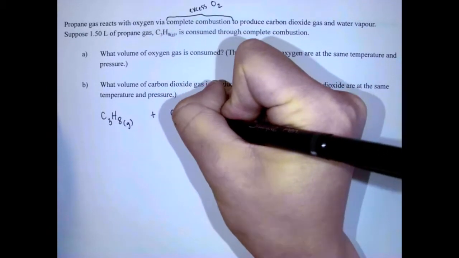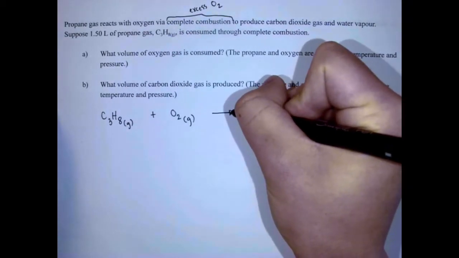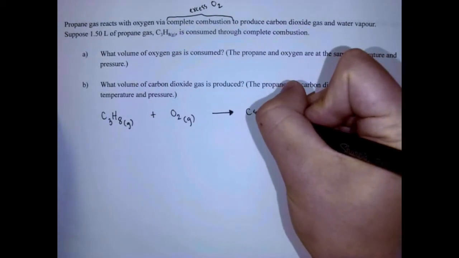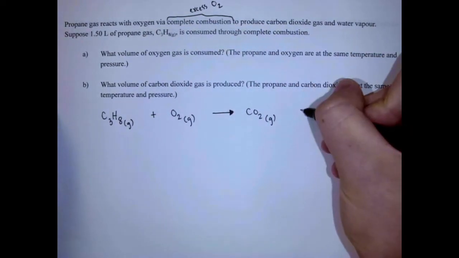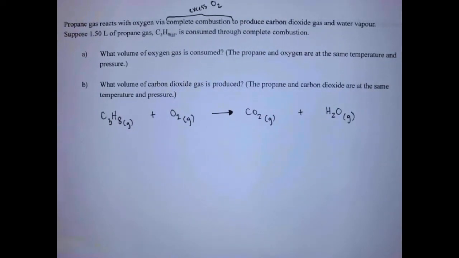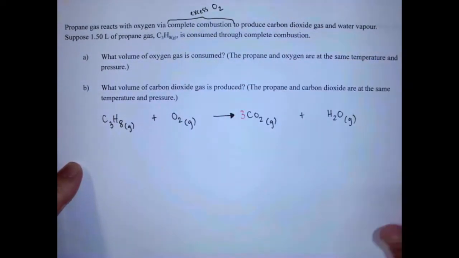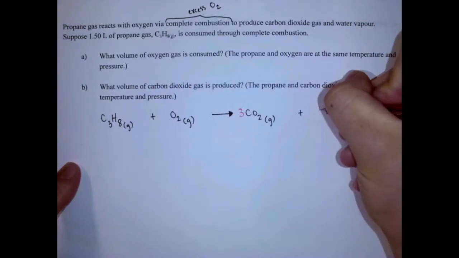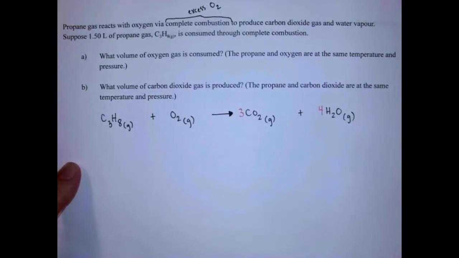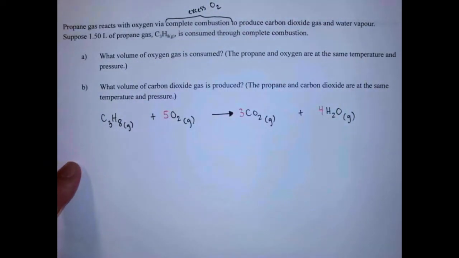I would encourage you to pause the video here and write it out and balance it. Otherwise, I'm going to keep going. And in order to balance this, I need to have 3 carbon dioxide molecules, I need 4 water molecules, and 5 of those.